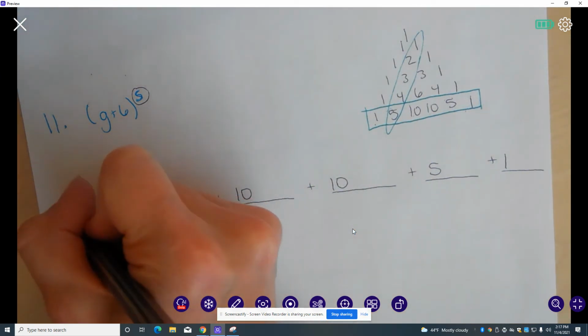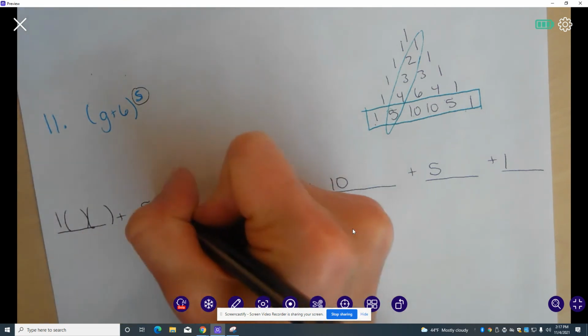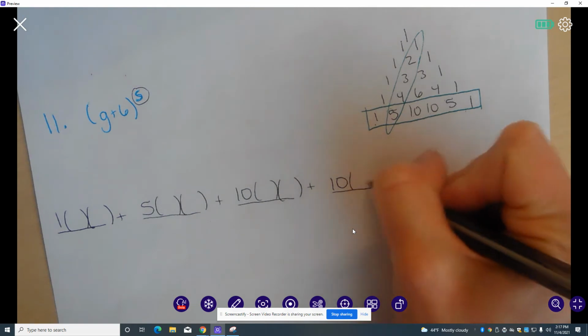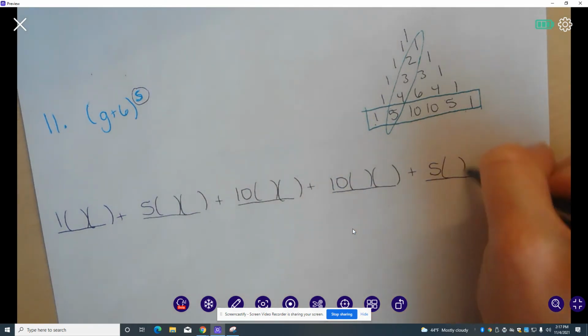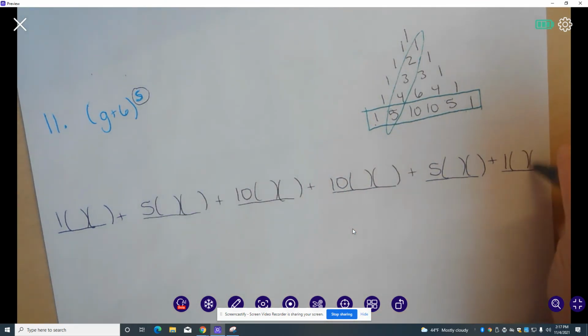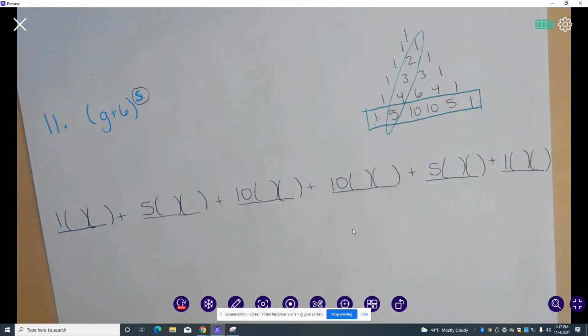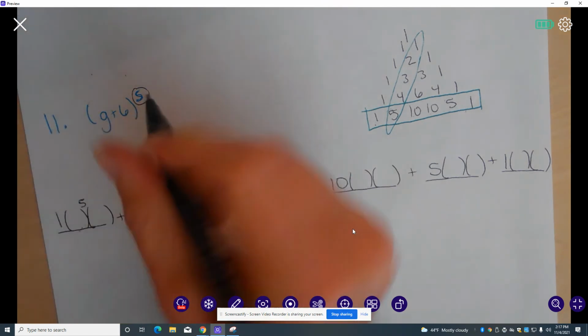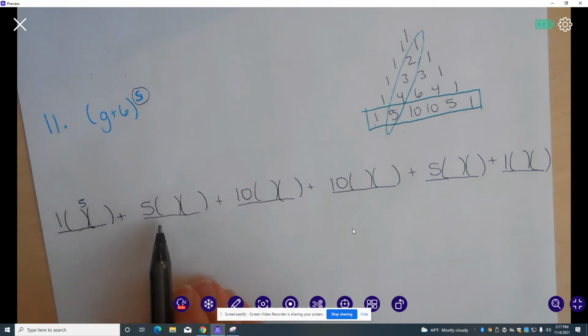I like to go ahead and put my parentheses in there because I'm going to be putting my A and my B terms inside those parentheses. Okay. I'm going to do that pattern with my exponents. So for my first set of parentheses, it's going to start at an exponent of 5 and decrease by 1 until I get to 0.